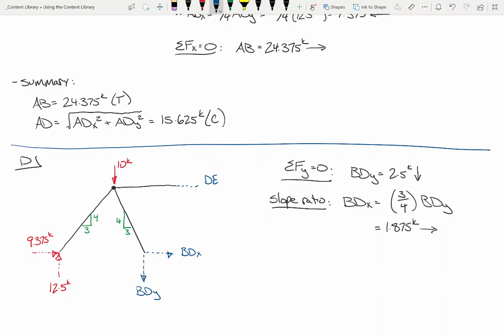So tell me what to do now. Sum forces in this direction. And what does sigma F sub x equals 0 give us? DE equals what?